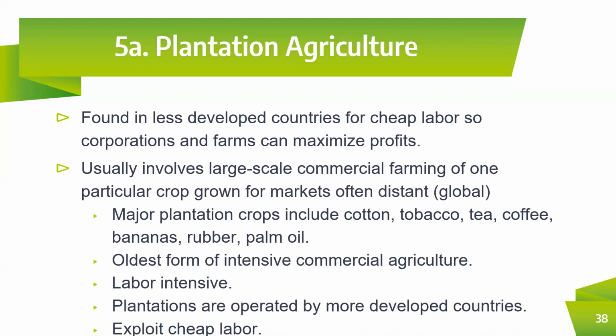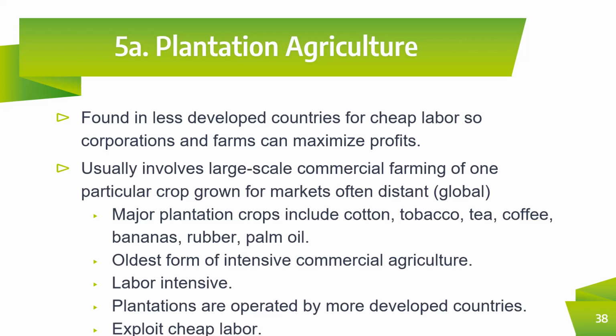Plantation agriculture usually involves large-scale commercial farming of one particular crop grown for markets, often pretty far, so global markets, hence commercial farming. Major plantation crops include cotton, tobacco, tea, coffee, bananas, rubber, palm oil. It's the oldest form of intensive commercial agriculture. It's labor intensive. Plantations are operated by more developed countries, and of course they exploit cheap labor.